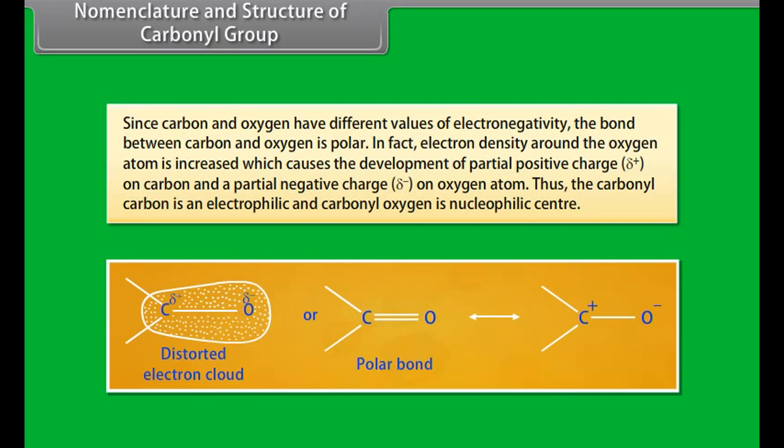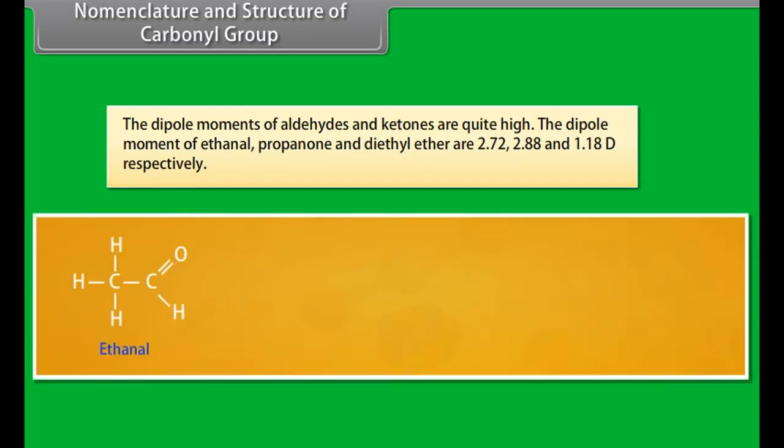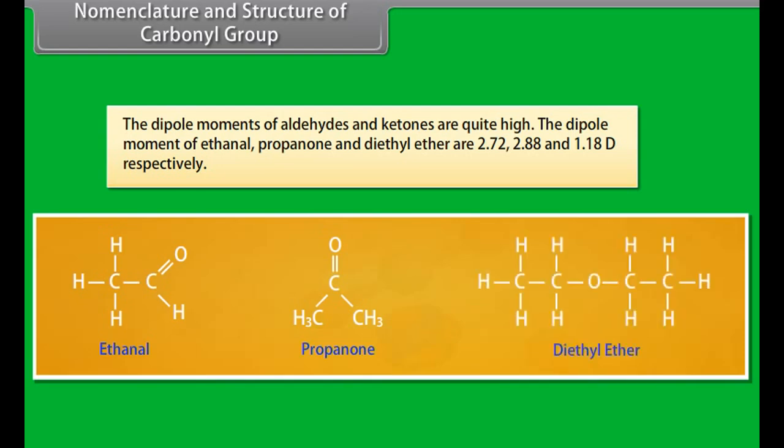Thus, the carbonyl carbon is an electrophilic and carbonyl oxygen is nucleophilic center. The dipole moments of aldehydes and ketones are quite high. The dipole moment of ethanal, propanal and diethyl ether are 2.72, 2.88 and 1.18 debye respectively.